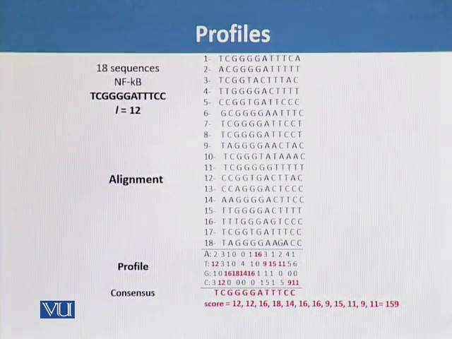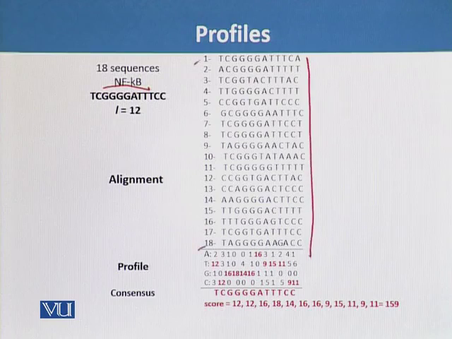In this slide we can see the sequences of a very specialized pattern of NFKB binding sites of the Drosophila melanogaster. Here we can see the 18 sequences from 1 to 18, and the conserved pattern sequence is this one, but due to mutations this pattern is not present conservedly in any of the 18 sequences.